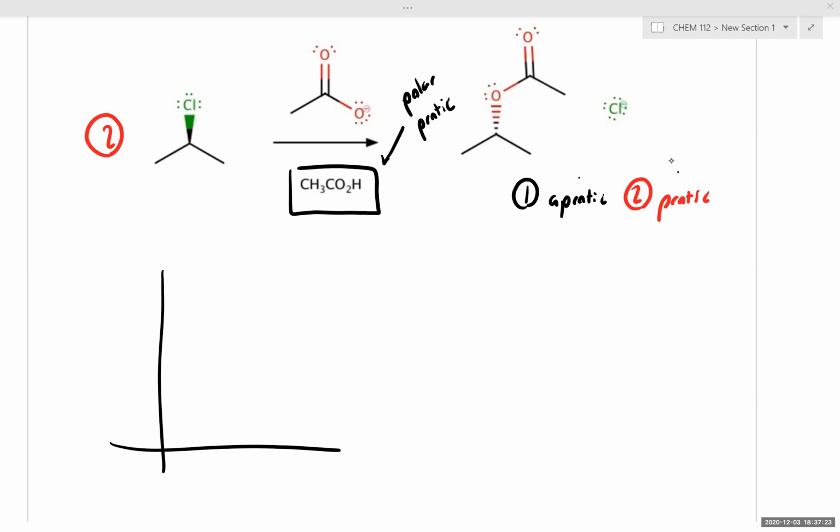Or to ask this another way, in example 2, what species can hydrogen bond with my solvent? My nucleophile or my substrate? What can hydrogen bond here?